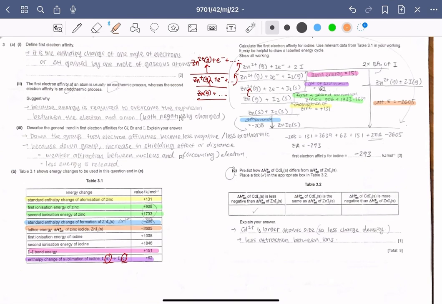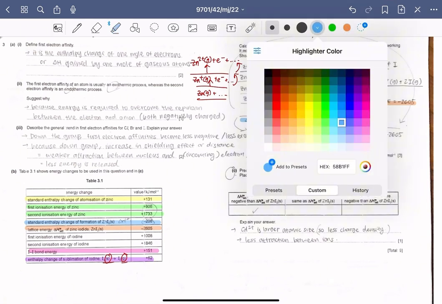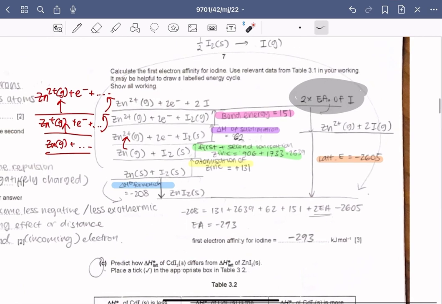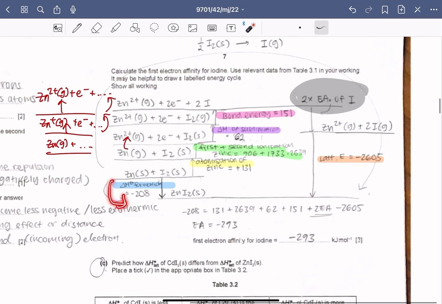Okay, so first electron affinity is something that you want to find. This is what you want to find. It always undergoes first electron affinity. And so when we combine everything here, this is equal to this entire thing.